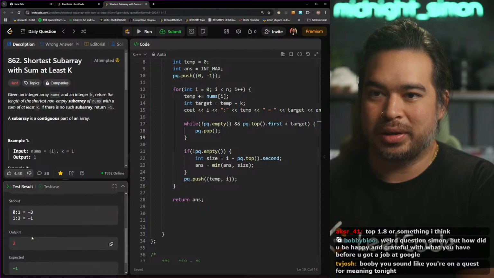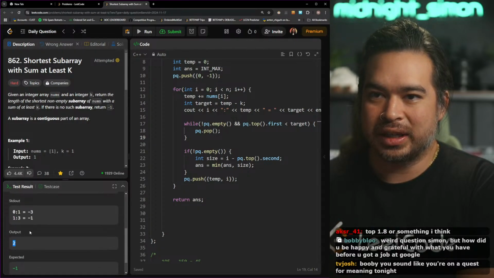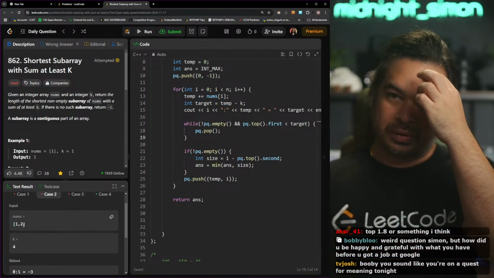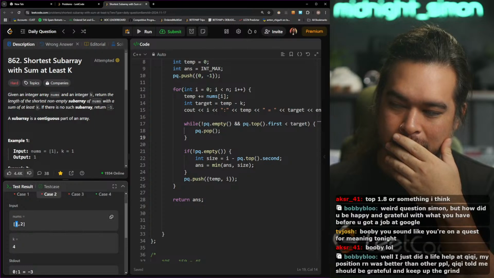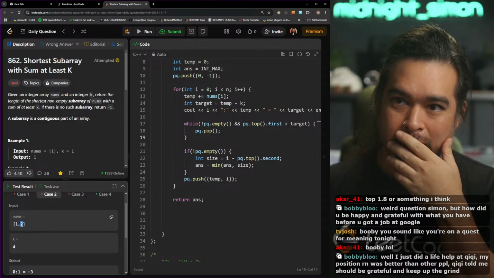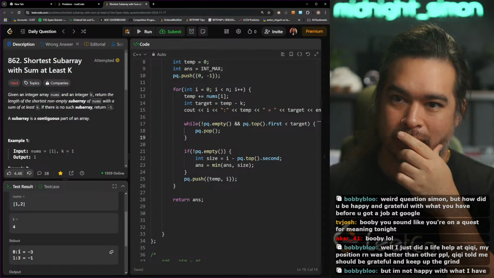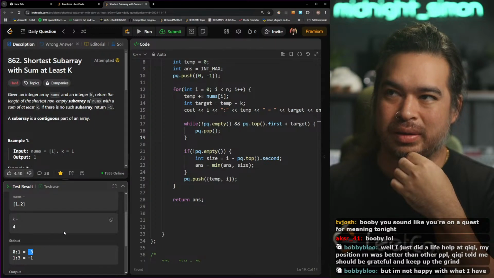Alright, so maybe now... Wait, how is this gonna give me 2 when it's like the target is temp minus 3?